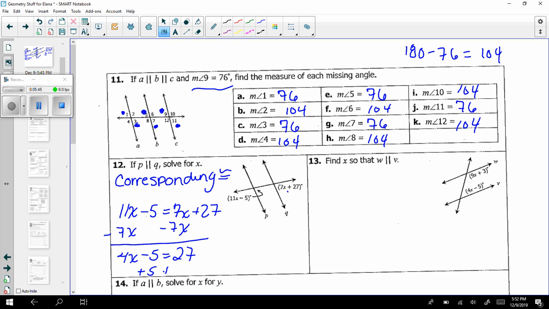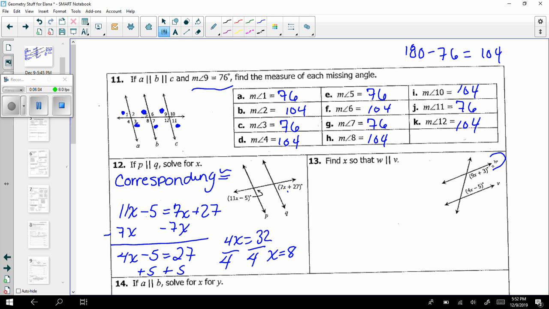I add 5 and have 4x equals 32, divided by 4, and x is equal to 8.